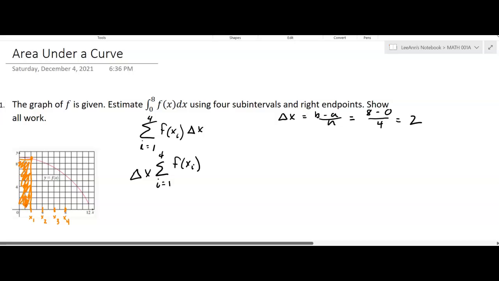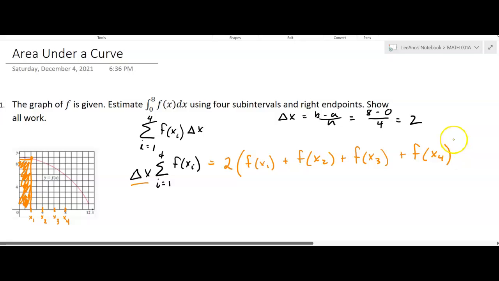Now, this is going to equal, our delta x is 2. We figured that out. And then we're going to be adding up f of x sub 1, because we're doing right endpoints, plus f of x sub 2, plus f of x sub 3, plus f of x sub 4.